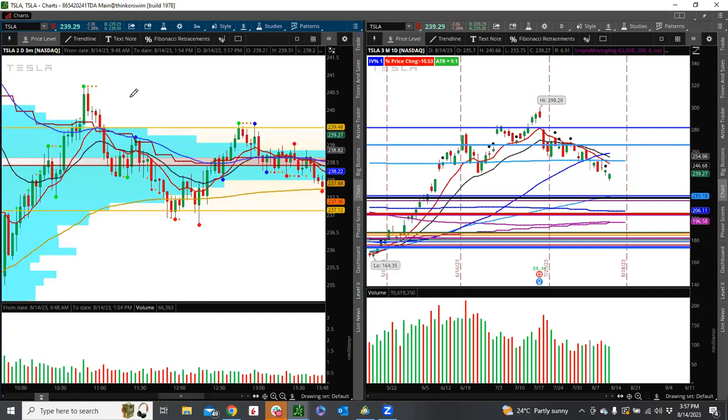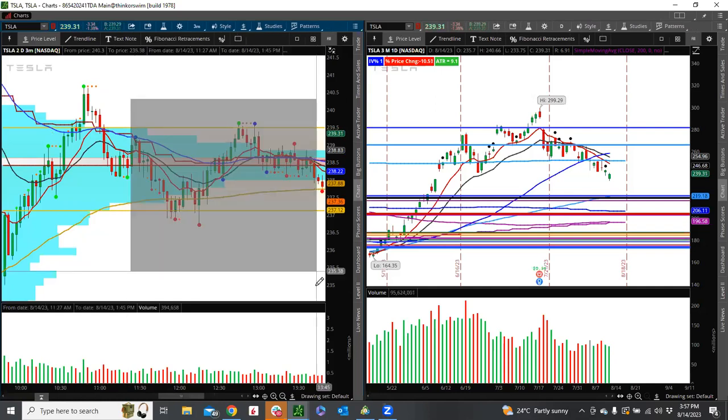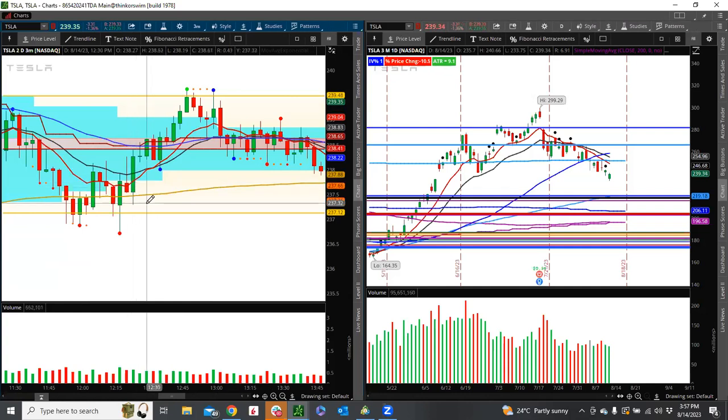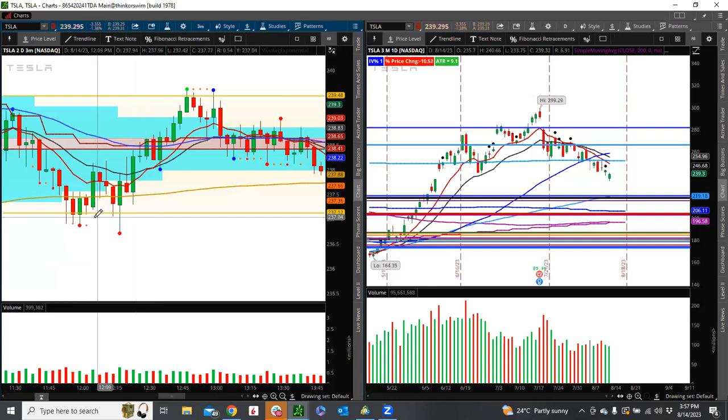But let's just zoom in here, you could have played this. This is another one of those cases where I go, all right, how would I have played this? Based on my reluctance to take breakouts and breakdowns, I would have missed this, because after this candle, the candle that gave me the confirmation, once it closed, I would have set up my limit buy somewhere down here, and I would not have gotten filled.